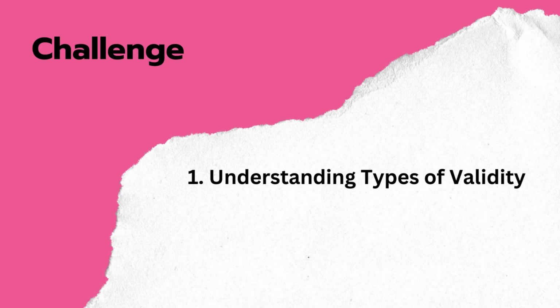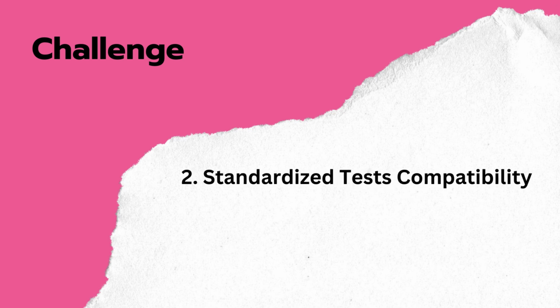Not just general knowledge. Understanding how to establish construct validity and its application in standardized testing remains confusing because of the nuance of ensuring a test measures what it claims to measure and differentiating between the three types of validity requires a psychometric principle.